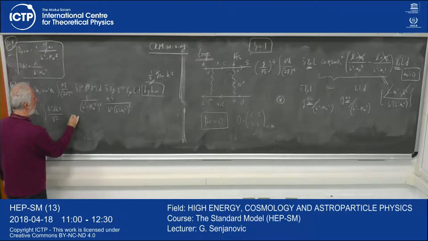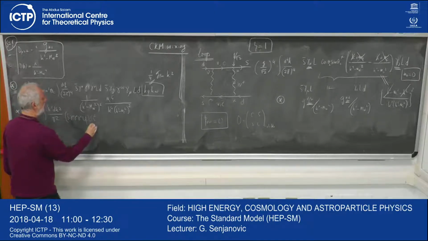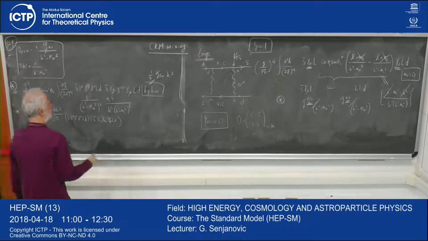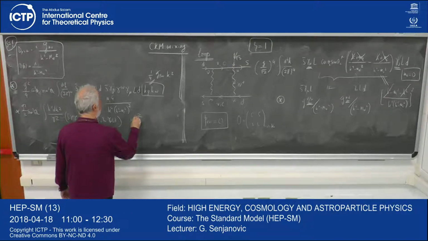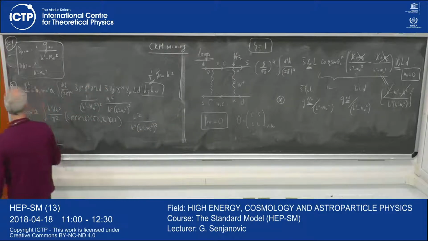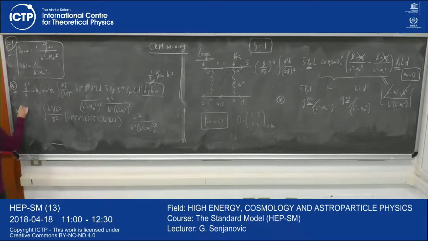Notice what I get: S-bar gamma mu, gamma alpha, gamma nu, L, S-bar gamma nu, gamma alpha, gamma mu, L. And then I get k squared over k to the fourth, (k squared minus M_c squared) squared, and a factor M_c to the fourth, g to the fourth over 16, sine squared theta Cabibbo.